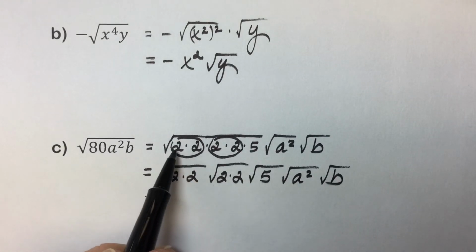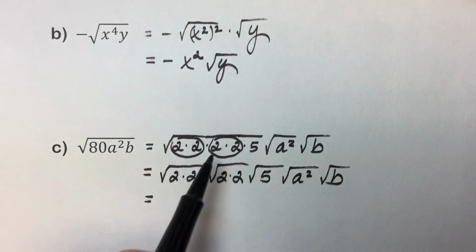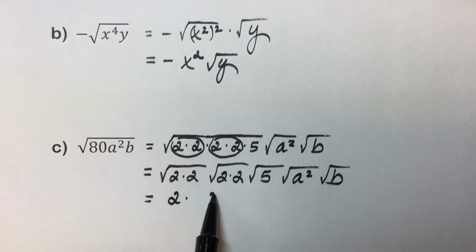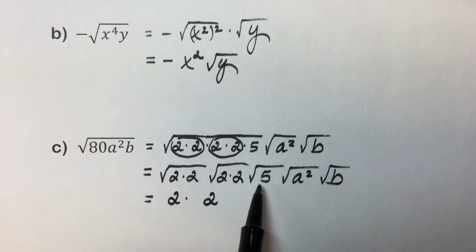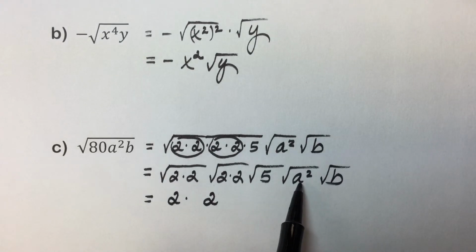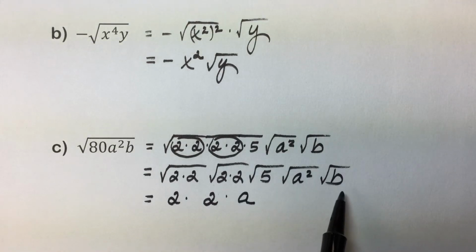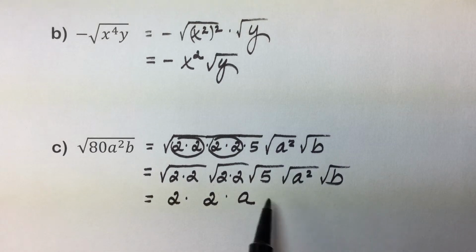We could have directly taken our shortcut as well, but just to illustrate, the square root of a number times itself is that number. Same thing here. The square root of 2 squared is 2. The square root of 5 we can't simplify, but the square root of a squared will result in a, and the square root of b, since there's only one b, cannot be simplified.